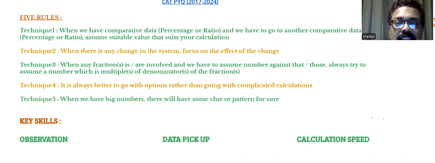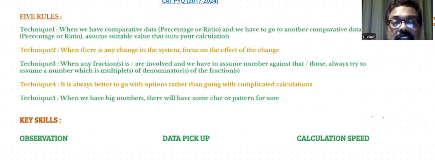Now, at the end, whatever you read, what is required is very important for us. Apart from the techniques, these 3 key skills you have to develop through practice. The first one is observation. The more practice you have, the more your observation skills will develop. From the given data, you will come to know which particular data will be required.